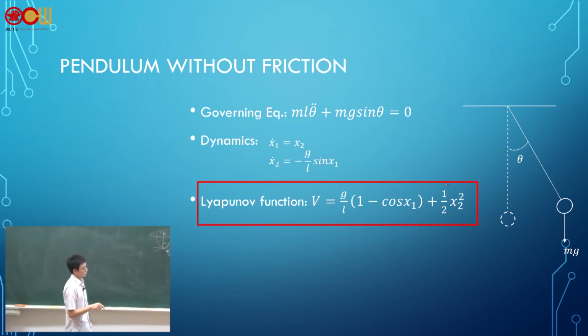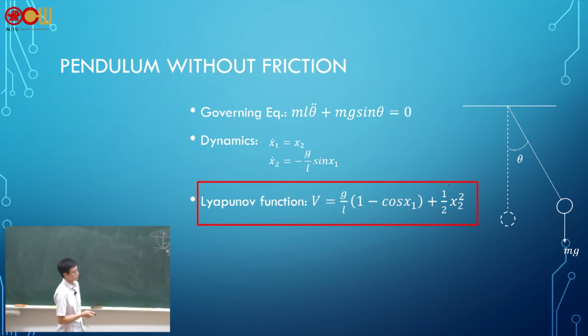What you can do is use a Lyapunov function, designed as this. Is this Lyapunov function PD or PSD? Is it 0 at 0? Or is it 0 only at 0, right? Because if your x1 is equal to 2pi, 2pi is not at the origin. More than one equilibrium point can make this V equal to 0.